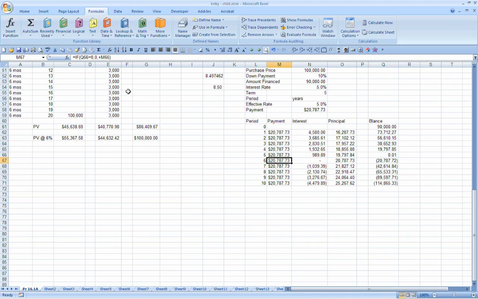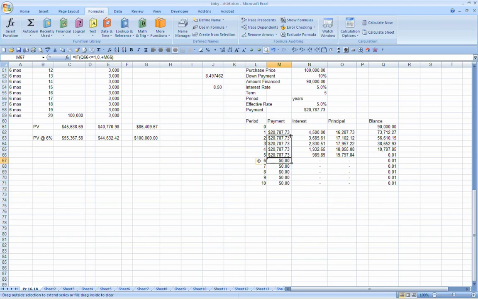Well, we can do it in our test. If Q66 equals 0, no. Let's say if Q66 is less than or equal to $1, stop.